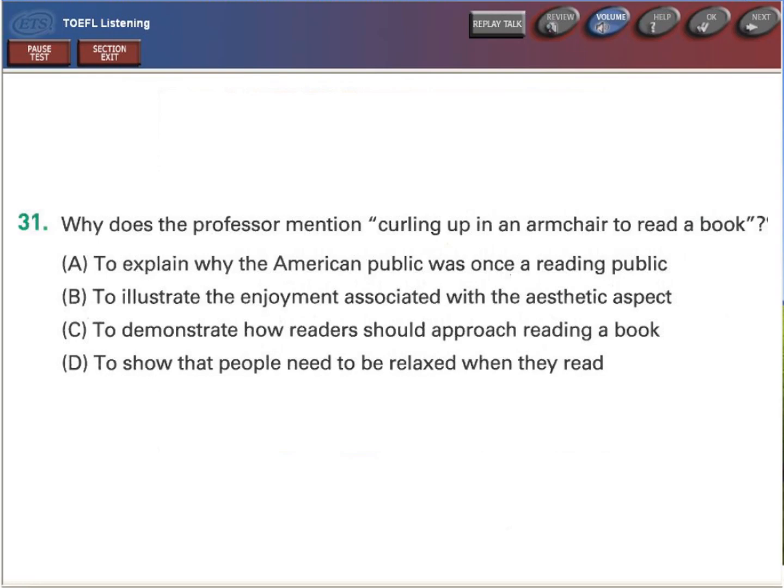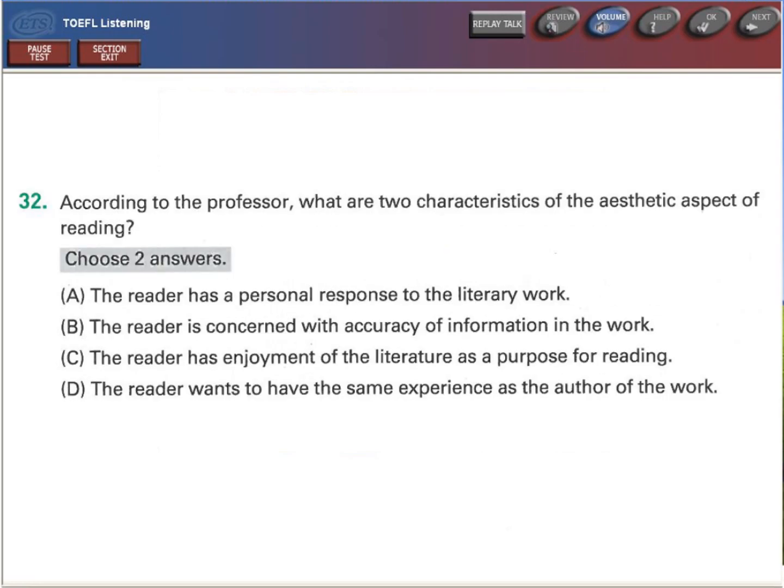Why does the professor mention curling up in an armchair to read a book? 32.